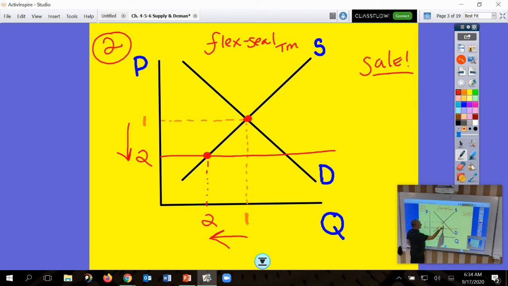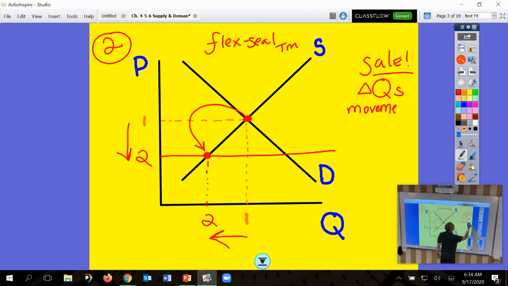To show what kind of change we're seeing here, I want you to highlight that or draw your arrow and say, this is a movement, right? We went from one place to another. It is not a shift. So we now know some more shorthand. A delta means change. We're going to say quantity supplied. And that's going to give us the idea that this is a movement, okay?